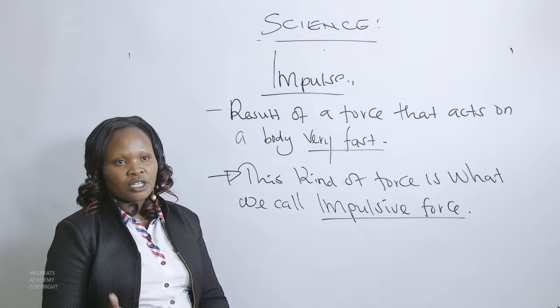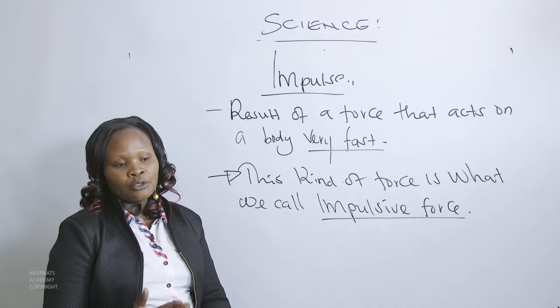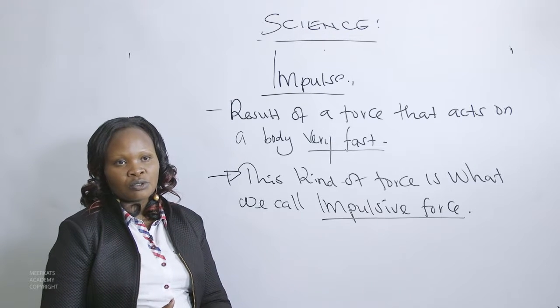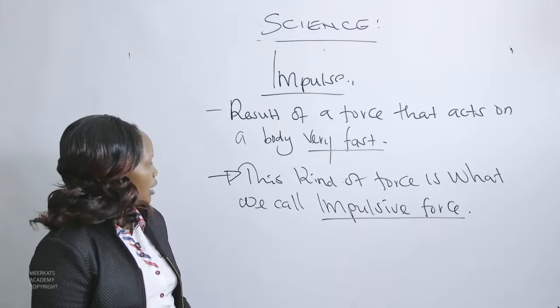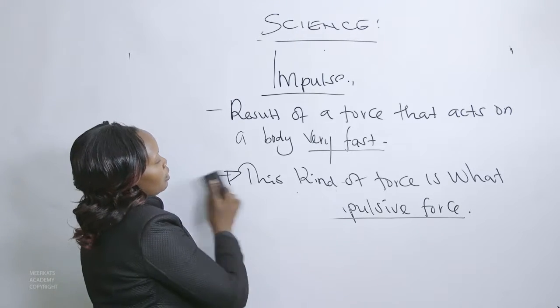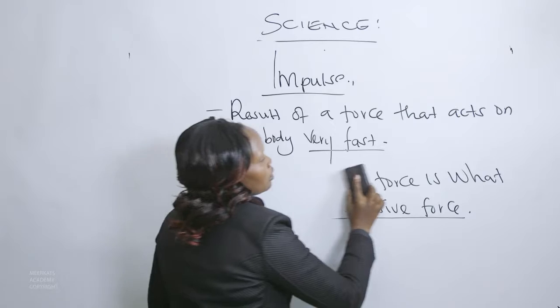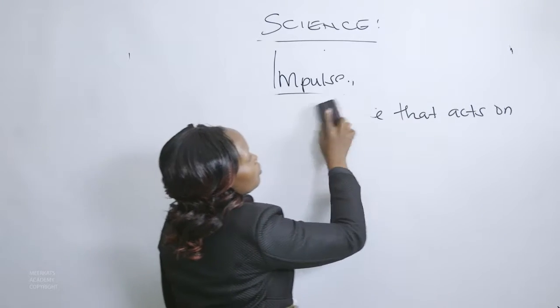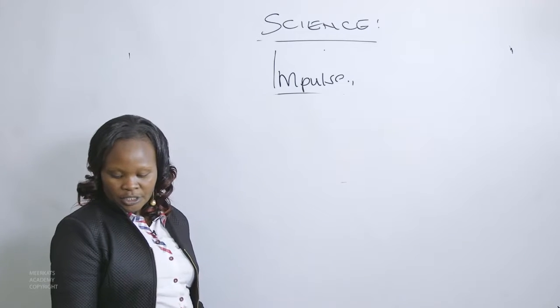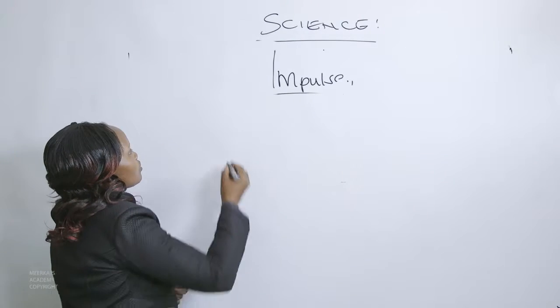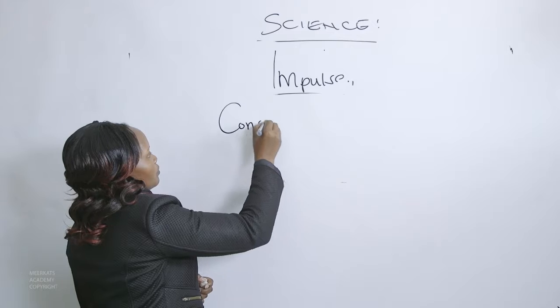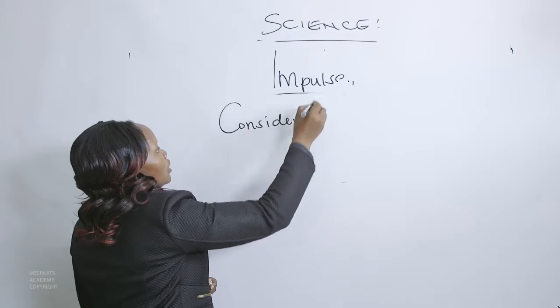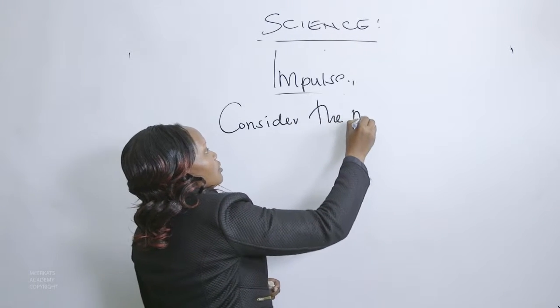And if you want to change the momentum of an object, you therefore have to introduce a net force to act and probably to offset the balance, which in the morning we called inertia. Let us then consider Newton's second law.